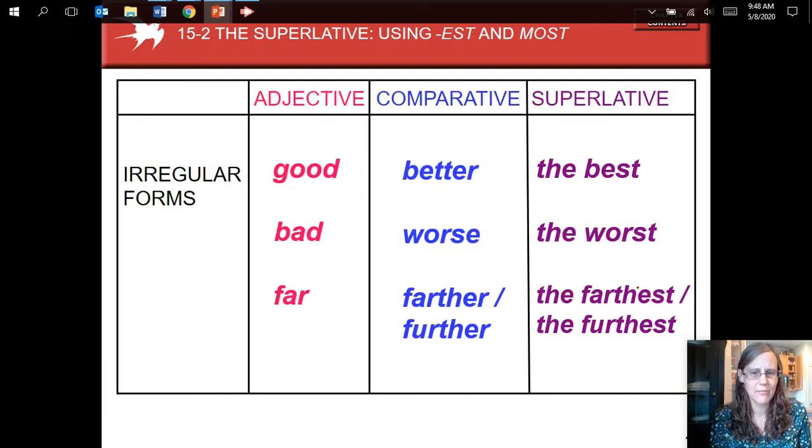ER and EST, but you have that weird TH in there. That makes it irregular. So we'll look at one more example of this before you do your practice.